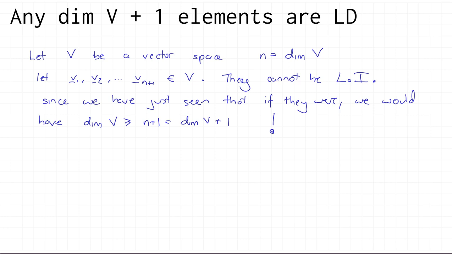So, any time you have dim V plus 1 elements in a vector space V, you know those elements must be linearly dependent.